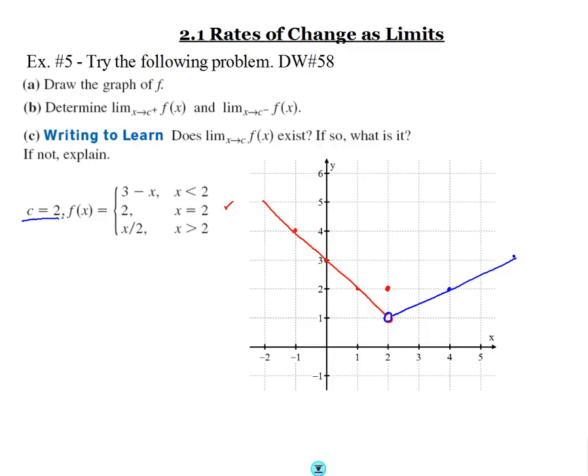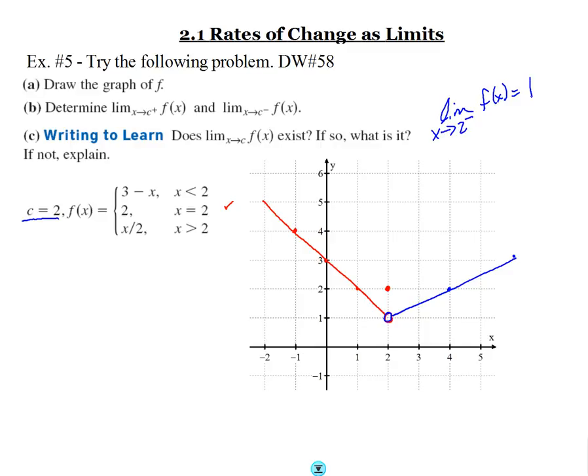As I'm approaching 2 from the left, so here I am, going this way, the limit as x approaches 2 from the left, I find out my intended height here is 1. The function is equal to 1.